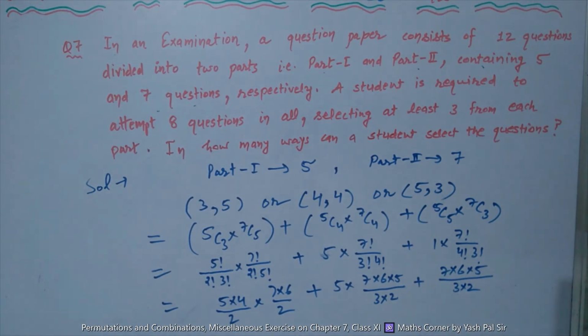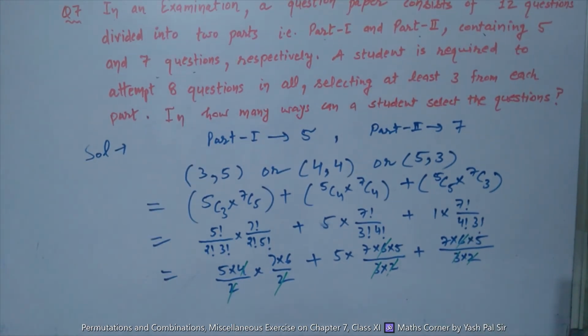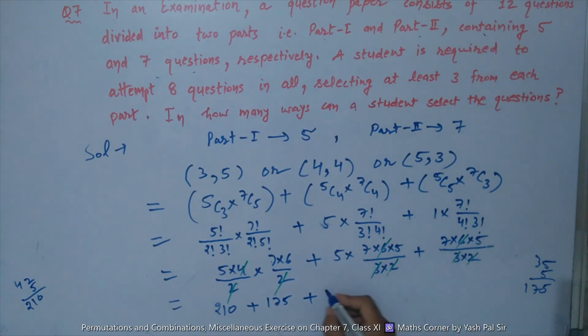So this way, first of all, 2 2s are 4 cancelled, 3 2s are 6 cancelled, 3 2s are 6 cancelled. So next we have this is equal to 6 7s are 42, 42 into 5 is 210, plus 7 5s are 35, 35 into 5 is 175, plus 7 5s are 35.